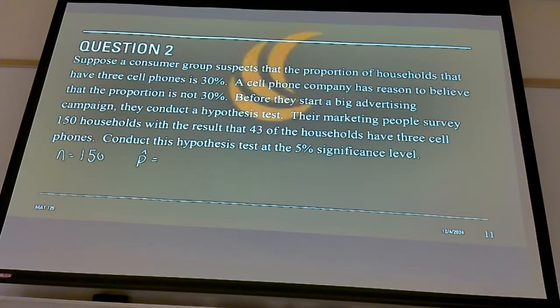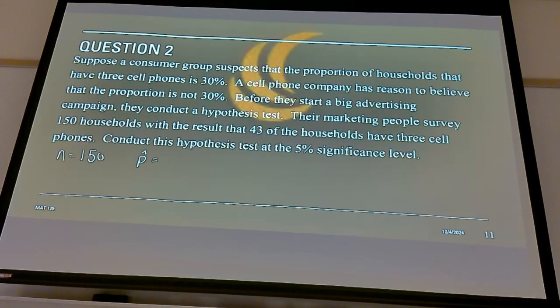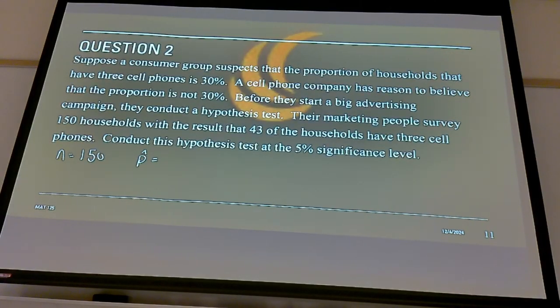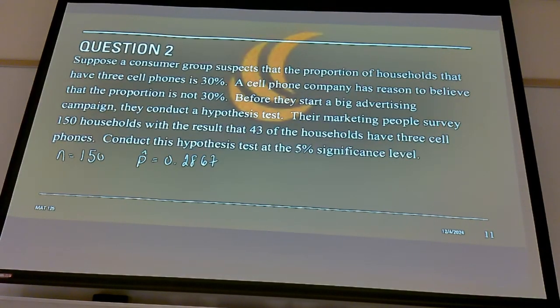It's 30%, so 0.3. And 43 out of 150, what is that as a decimal? Since it's a proportion, I'll stick to 4 decimal places, 0.2867. You have to divide it. Yeah, 43 out of 150, because that's our sample size.